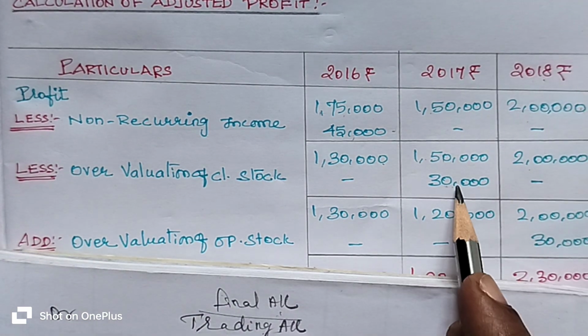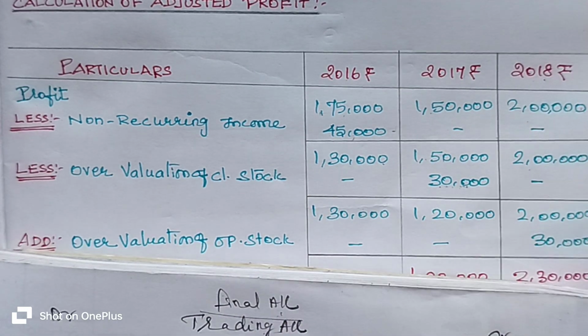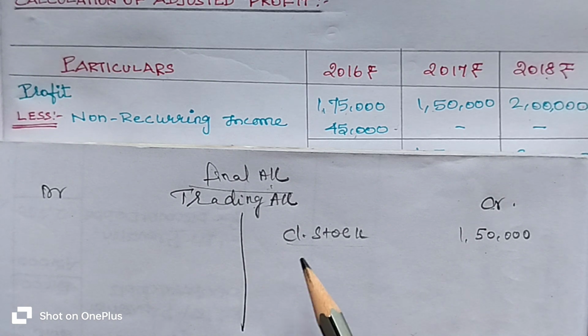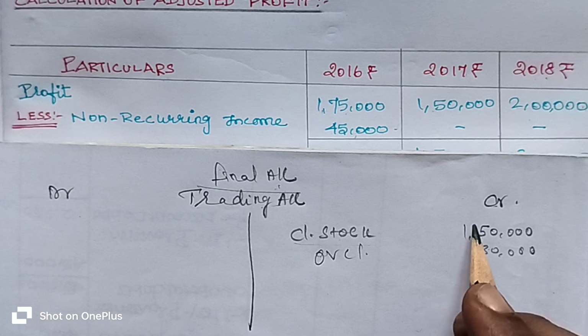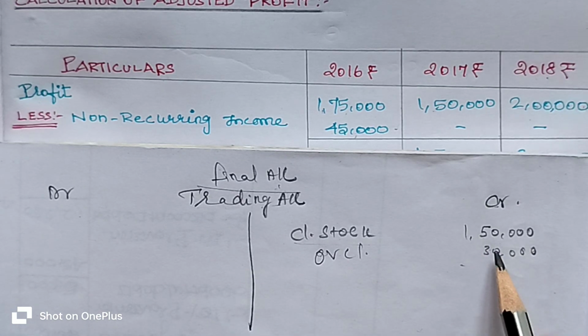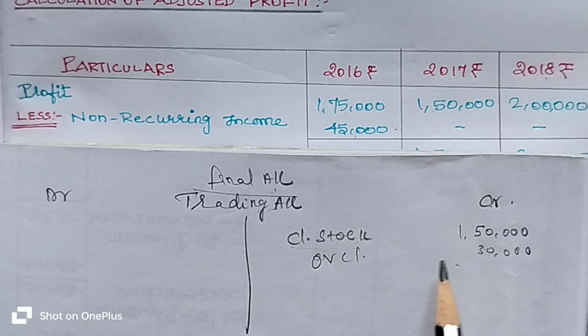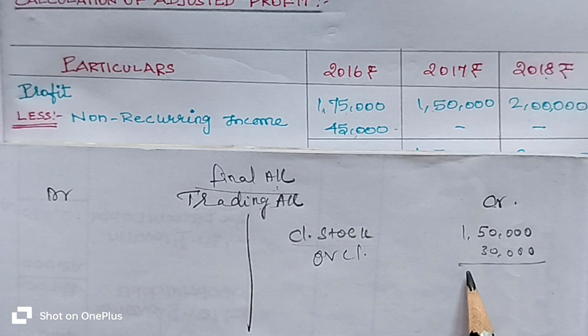By mistake only we entered overvaluation of closing stock. Overvaluation of 30,000 means the closing stock increased. So the actual value is 1,50,000, and by mistake we entered overvaluation of 30,000 rupees, so it is converted into 1,80,000 rupees.